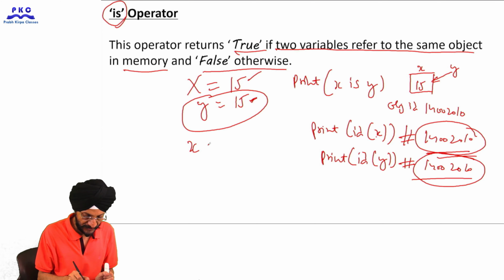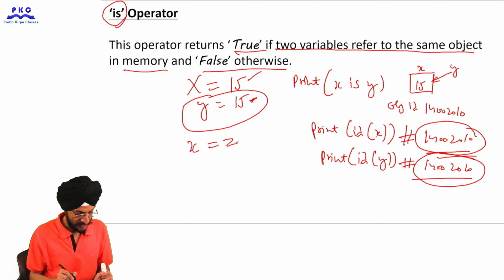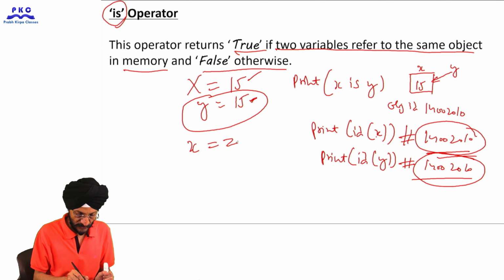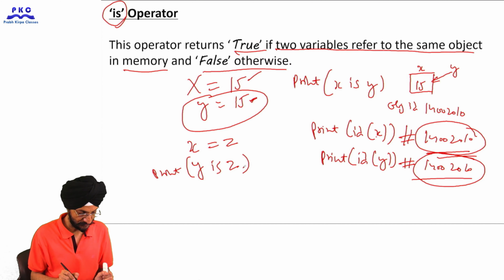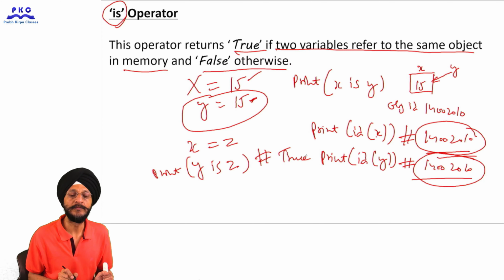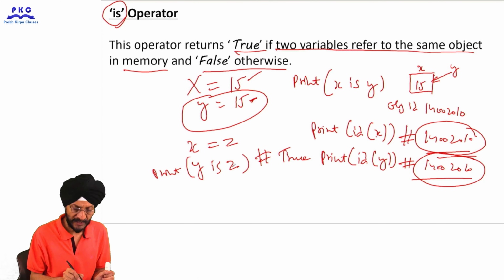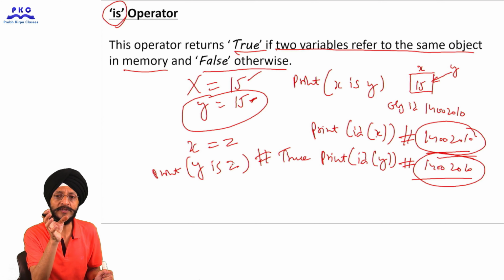If we write z is equal to x and we want to find whether y is z, so the answer will be true because z will be another tag for the same object.